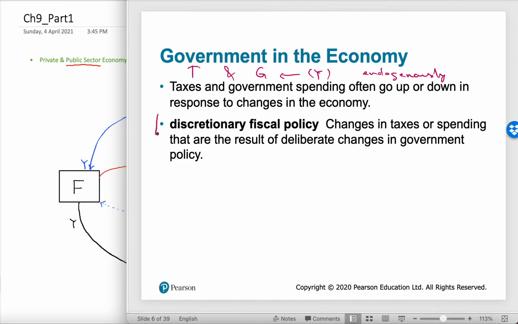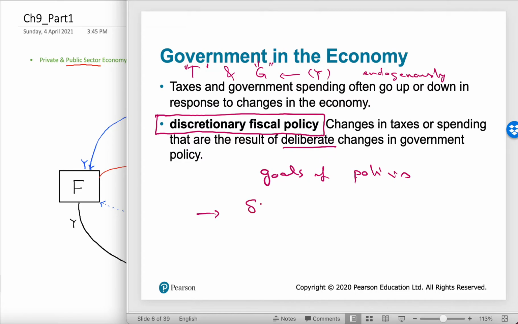But what is more important is discretionary fiscal policy. These are deliberate changes in tax and government spending, depending on the objectives or goals of government policy. If it is discretionary, it may be used for the sake of stabilization policy.